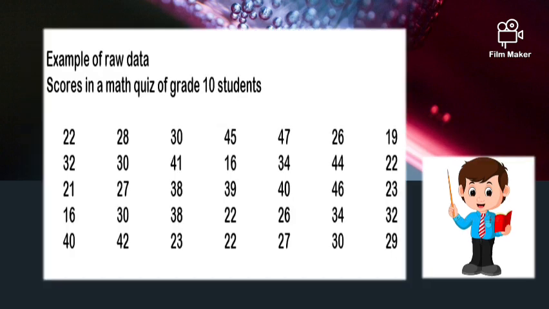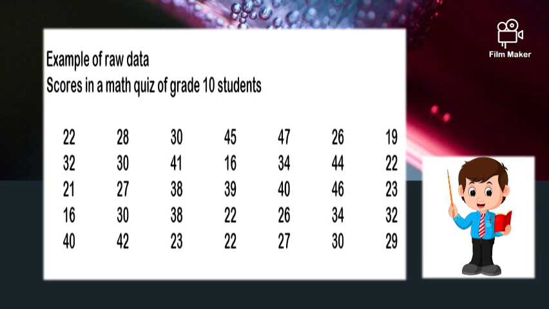Okay. For example, we were given data, specifically scores in the math quiz of grade 10 students, because this topic is good for grade 10. We have here the data, and obviously it's more than 30 scores or observations which will be asked to be organized.